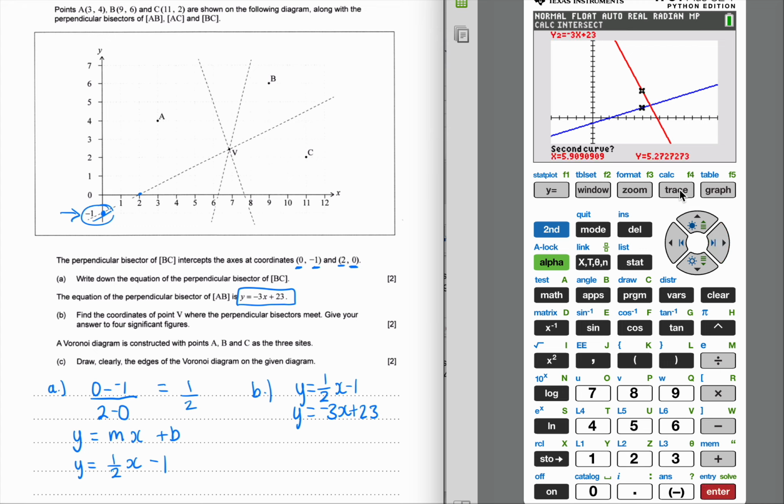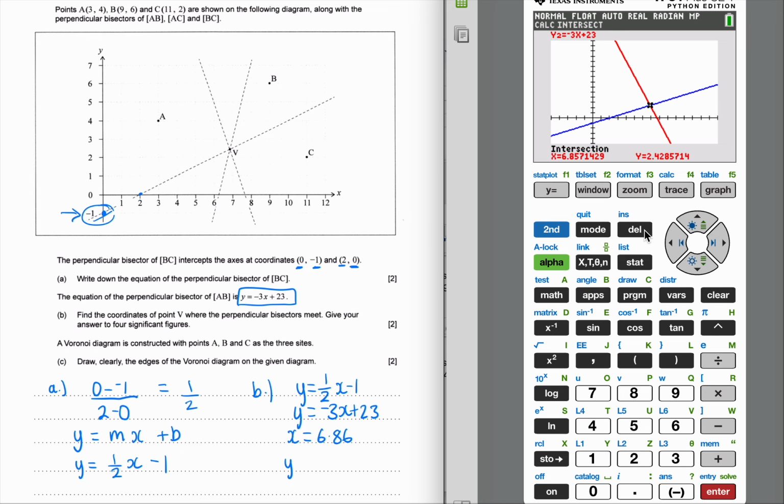We get close to the intersection point on either of the lines, and then we press enter again, and we can see that we have this point of intersection. So to 3 significant figures, the x coordinate there is 6.86, and the y coordinate is 2.43. So now we have the coordinates of V.